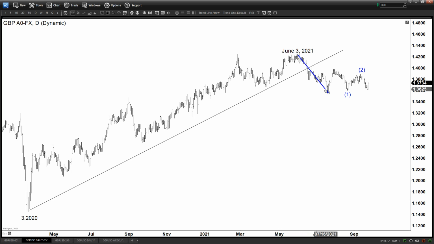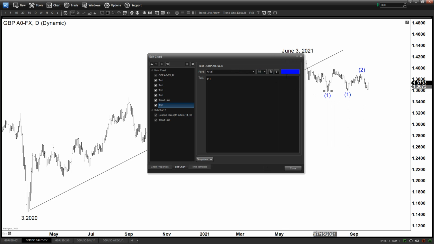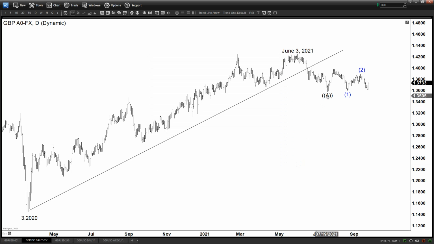It's debatable, but you can if you want to. If this is 5 waves and if this is corrective, then let's call this something like a wave A, and this is like a wave B.